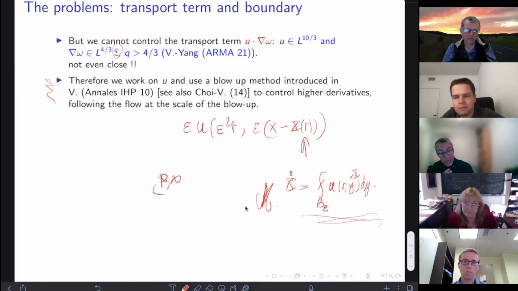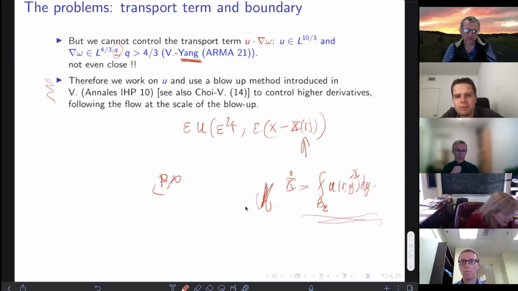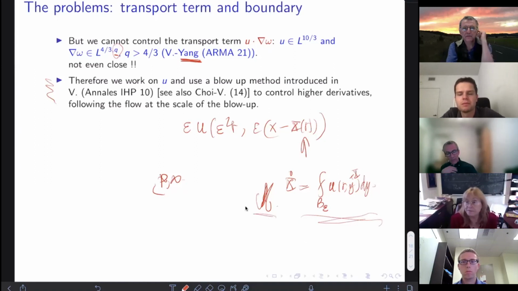And actually, I had the idea for this, but really it was put in place by Jin Cheng. It's a paper just by himself, because I was really impressed how he put this. He defined a family of maximal functions, which are not with respect to a fixed ball, but with distorted balls with respect to the flow. So it's very close to what you say.